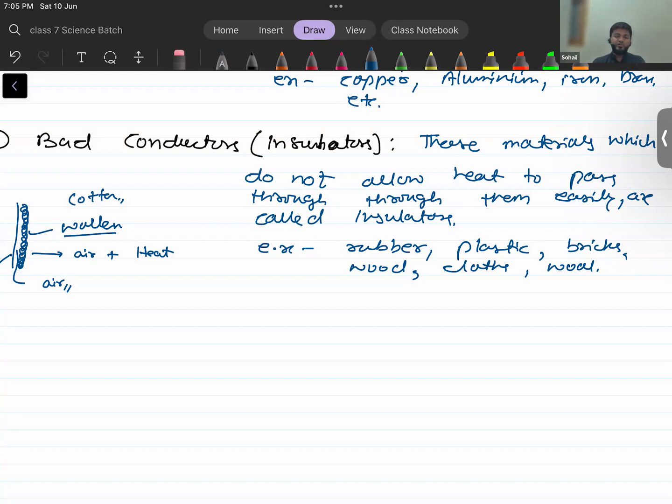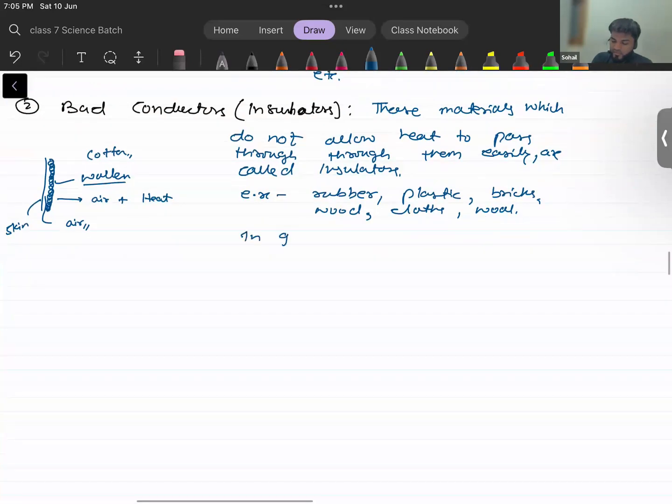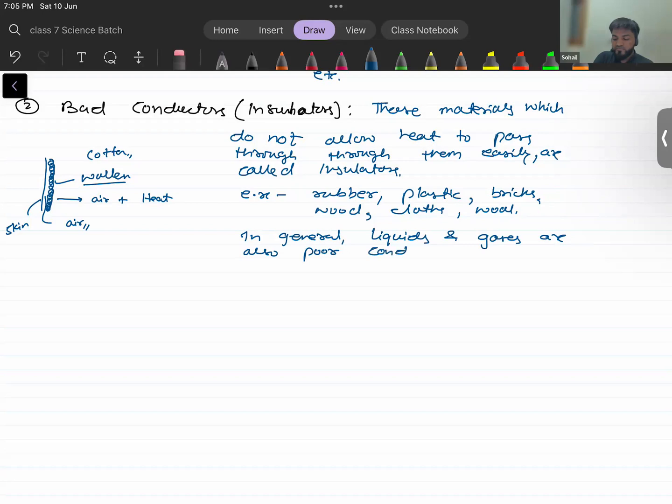So they will also be put in the category of insulators. So in general, liquids and gases are also poor conductors of heat.